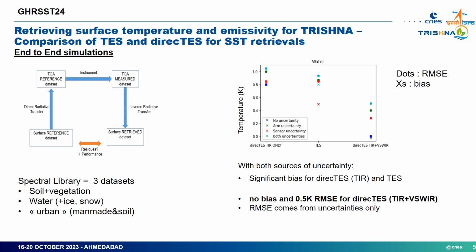But when we constrain the spectral library to water spectrum, as we know we are looking at water, direct test showed no bias anymore, and a theoretical RMSE reduced to 0.5 Kelvin. And in that case, the RMSE came from the instrument and atmospheric uncertainties only.